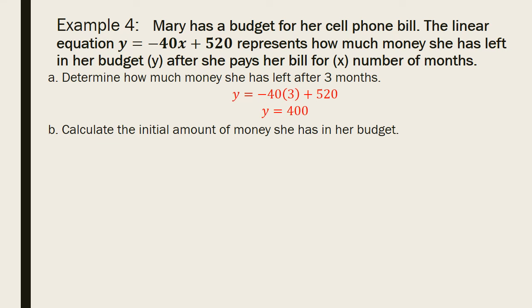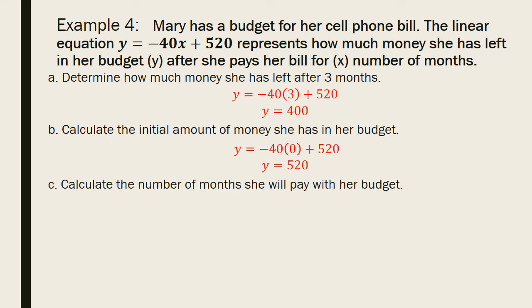So when x equals 0, we'll be able to find the initial amount of money she has in her budget. And again, we're going to have to substitute x with 0. And when we substitute x with 0, we end up with y equals 520. So it's $520 in her budget, and that's the initial amount of money she had.